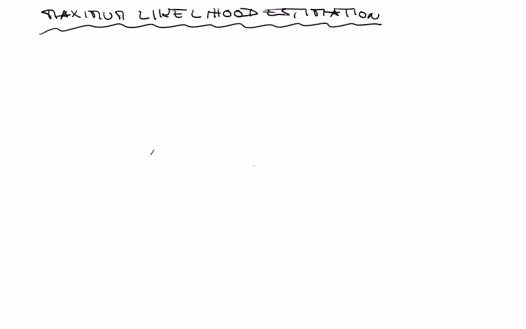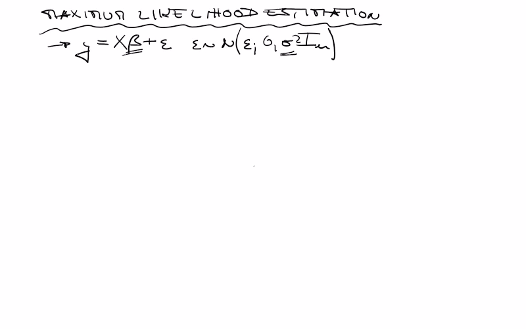And of course, we are particularly interested in maximum likelihood estimation because we want to use it to estimate the parameters of the GLM, which, as you know now, are the beta parameter and the variance term of the error. So this is where we are with respect to the GLM, and we want to estimate the beta parameters and the sigma square parameter now.